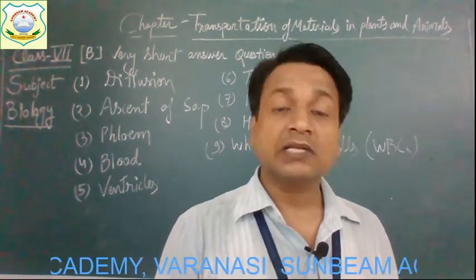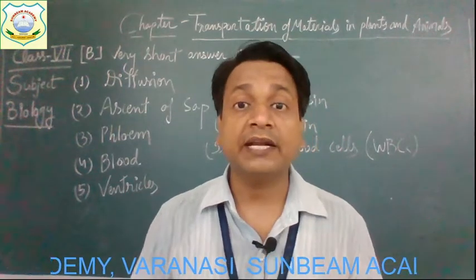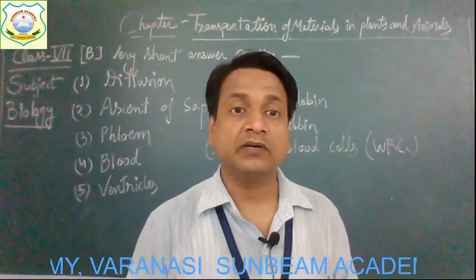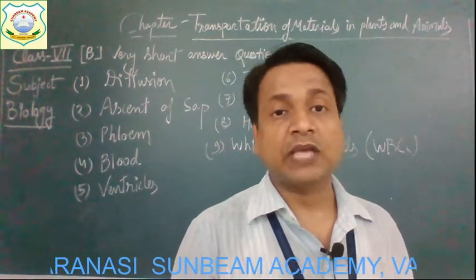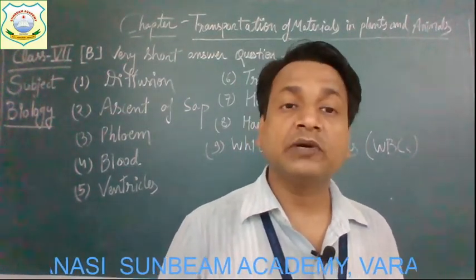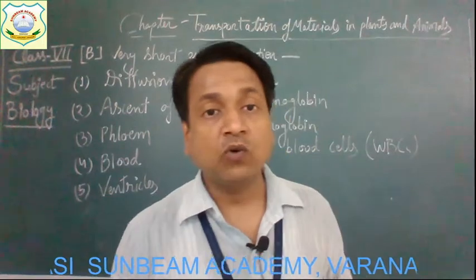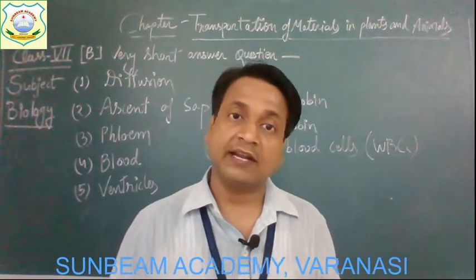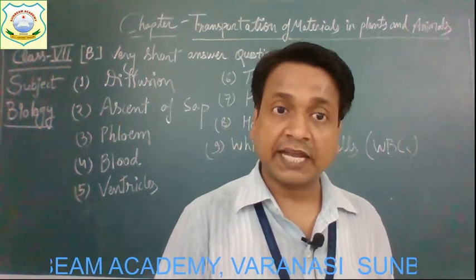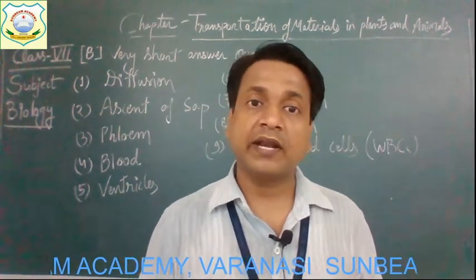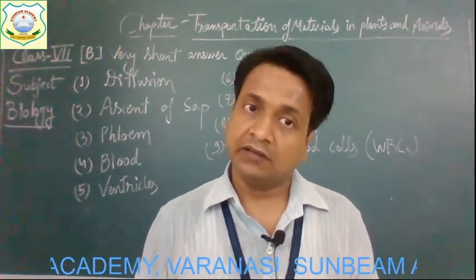lower two chambers are. You have to write the name of these chambers of the heart. As we have discussed, our heart has 4 chambers. Upper two chambers are known as auricles and lower two chambers are known as ventricles. One auricle and one ventricle on the left side and one auricle and one ventricle on the right side. Get it children?